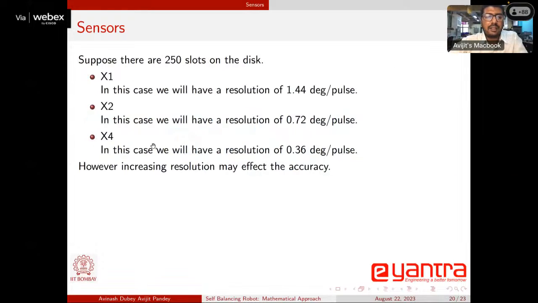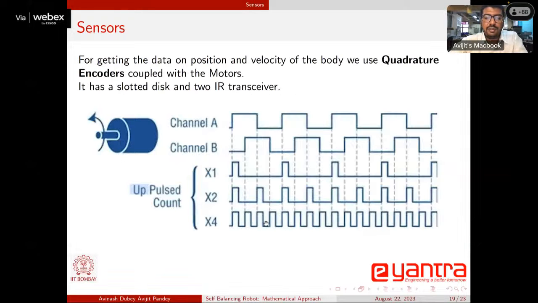Now we are dividing one whole rotation into 200 pieces. And in quad mode, there are four separate instances, 0 1, 1 1, 1 0, 0 0, between channel A and channel B for one single pulse. So if 100 pulses are generated on channel A and channel B throughout one revolution, there will be 400 independent instances. That means we can now get 4 times the resolution compared to single mode.